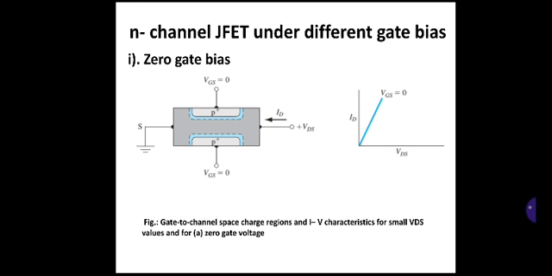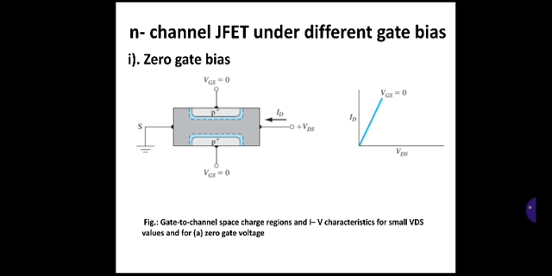So the N channel is essentially a resistance. So the ID versus VDS characteristics for small VDS: if you vary the value of VDS very slightly, for a small VDS value, it is approximately linear.